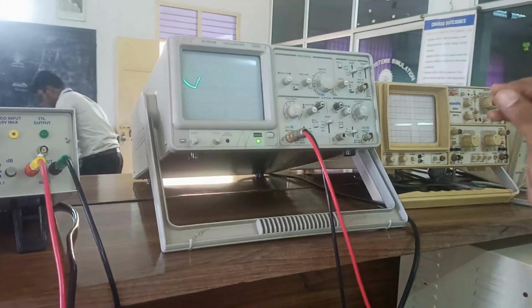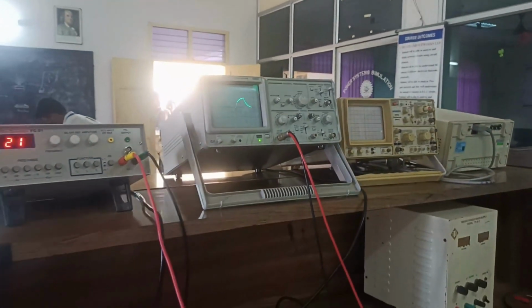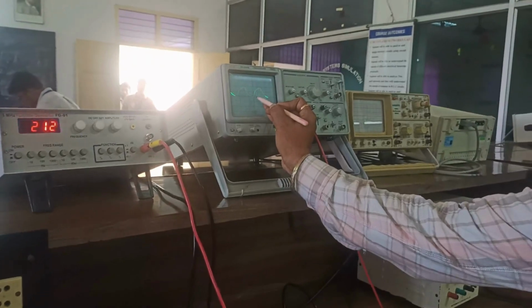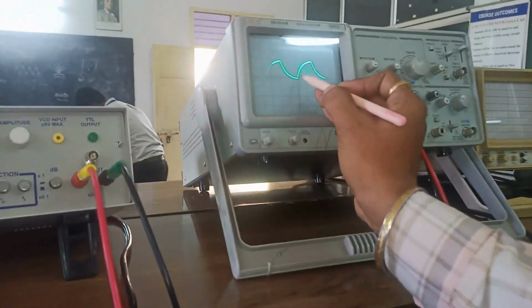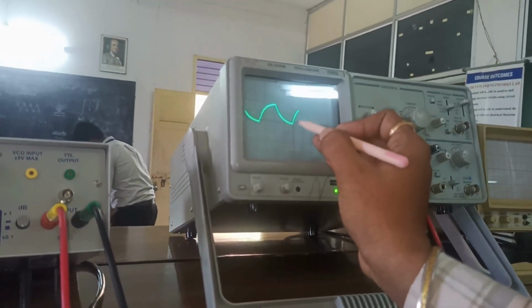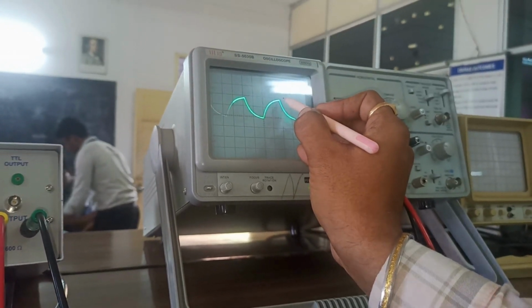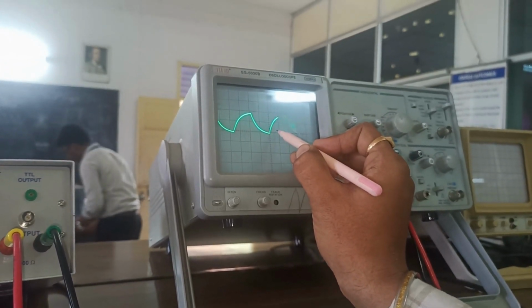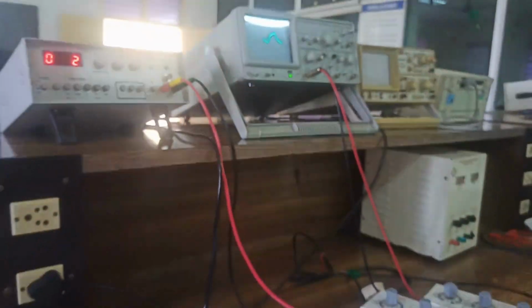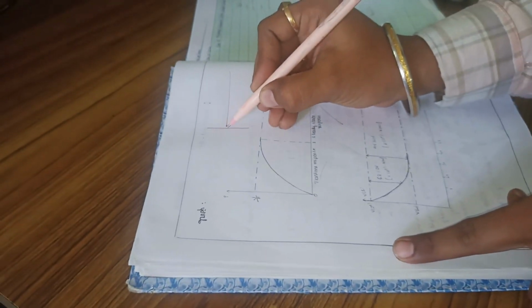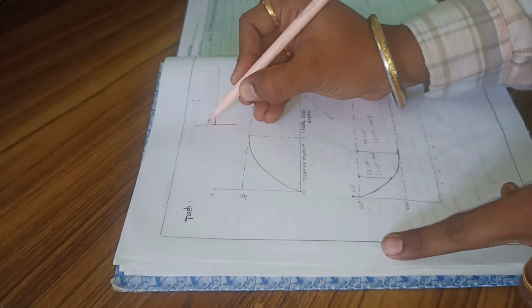So now we have obtained this waveform. How to plot this waveform is very important. See here, the starting value is 0, which is 0 milliseconds, and it has a peak value here. Let us try to draw the waveform. Initially this is at 0 and it increases.